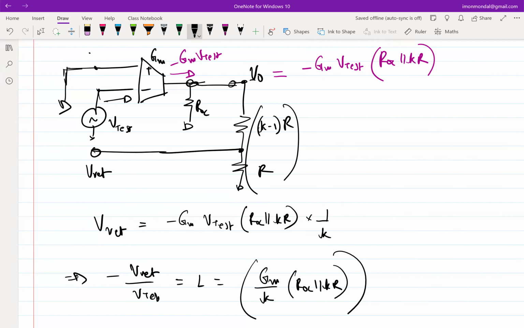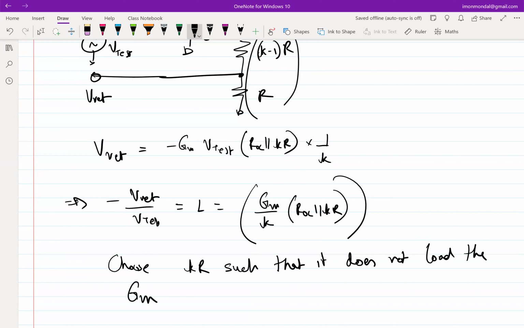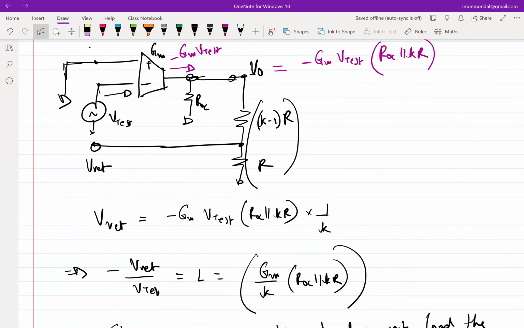At least from whatever we have done till now, there is no harm in increasing the value of R. So if we choose KR such that it does not load the GM or does not load the transconductor. Now, when I say it does not load the transconductor, what I essentially mean is that it does not load this contraption, not the GM only, because the GM will always provide the current.